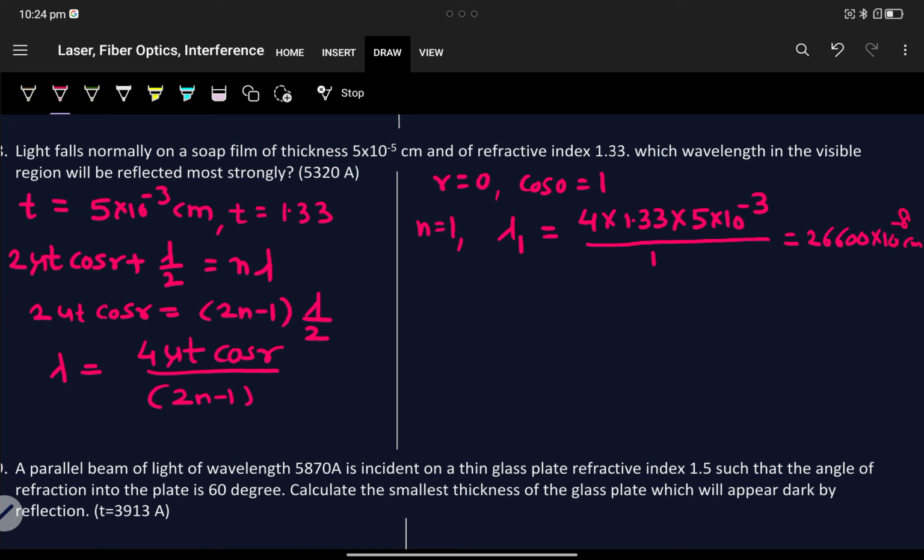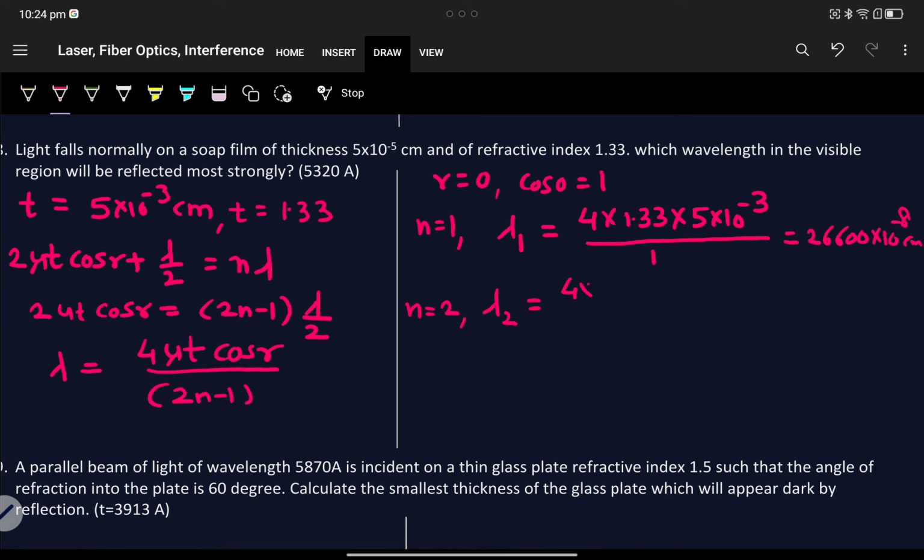Now for n equals to 1, it is not in the visible region. Let's check for n equals to 2. 4 into 1.33 into 5 into 10 to minus 3 divided by, at the place of n when I substitute 2, I'll get it just 3. And when we calculate, it comes out to be 8866.67 into 10 to minus 8 centimeter, which is again not in the visible region.